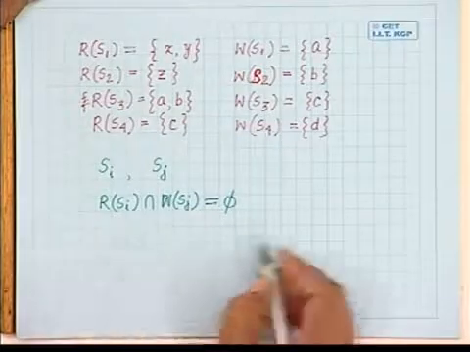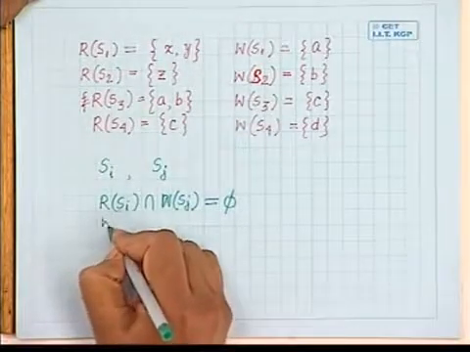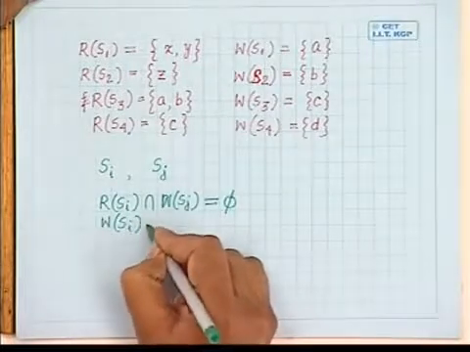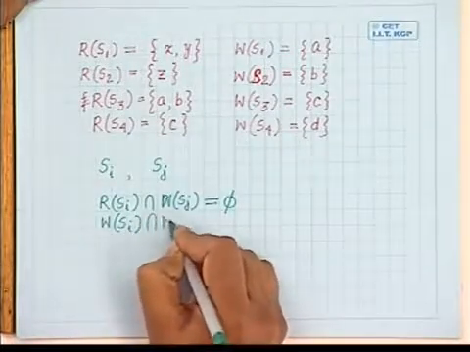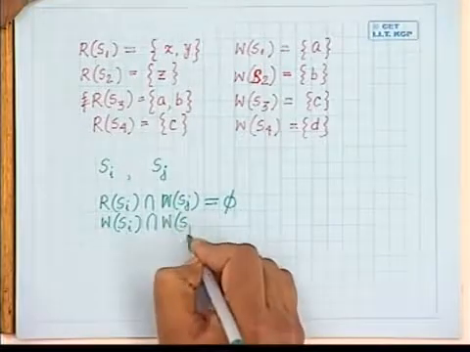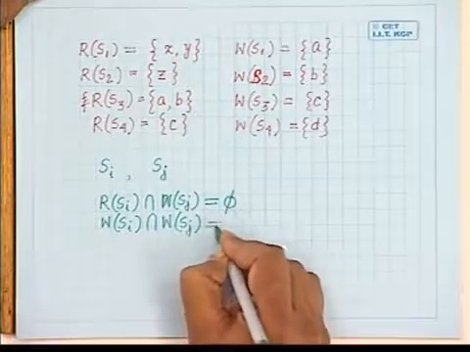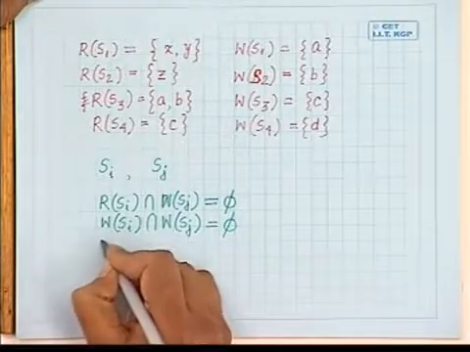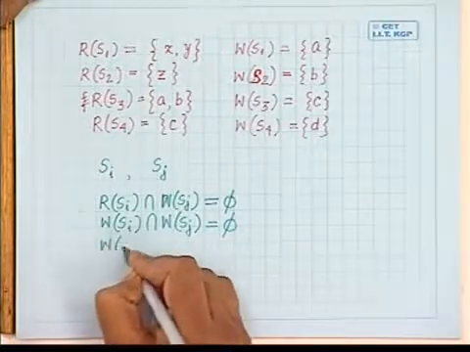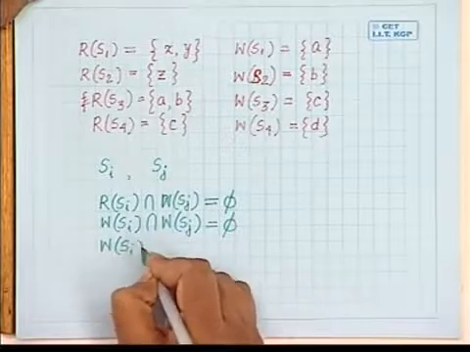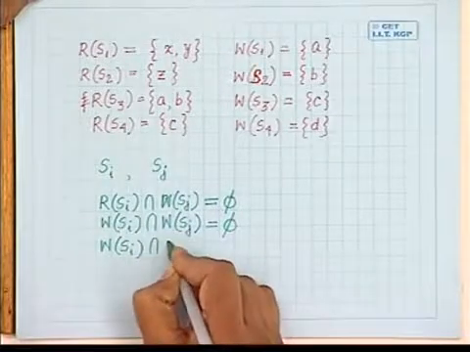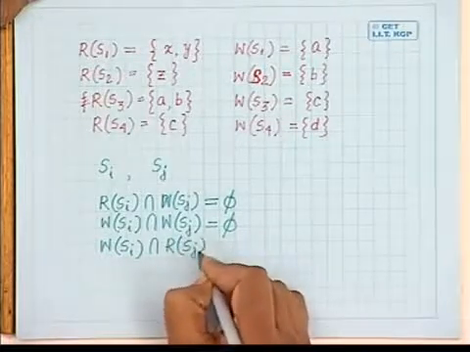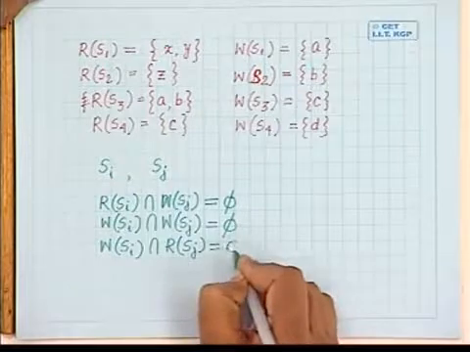Similarly, the write set of Si intersection with the write set of Sj, that should also be null. Similarly, the write set of Si intersection with the read set of Sj, that should also be null.